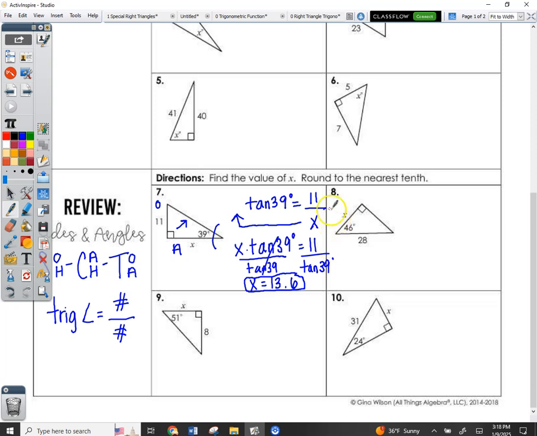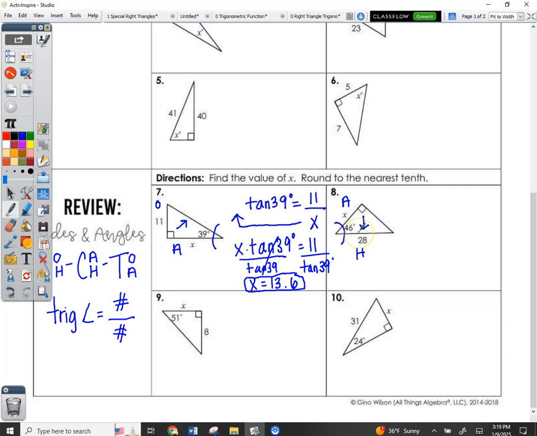There is one more possible scenario. The x could be in a different spot. So this one's going to do it. Let's do this one. Draw an arrow to the hypotenuse. There's something there, so I'm going to label it with H. I'm going to draw my arc on the 46. X is positioned how to the 46? It's adjacent.